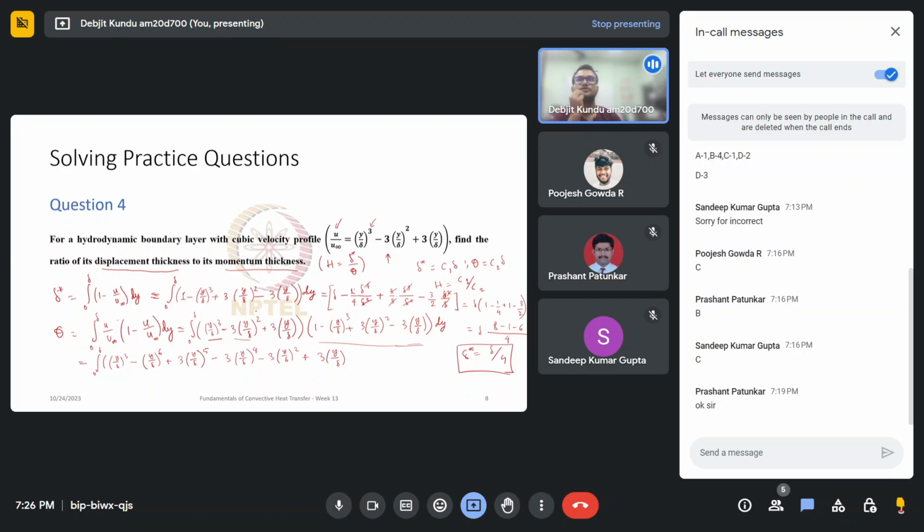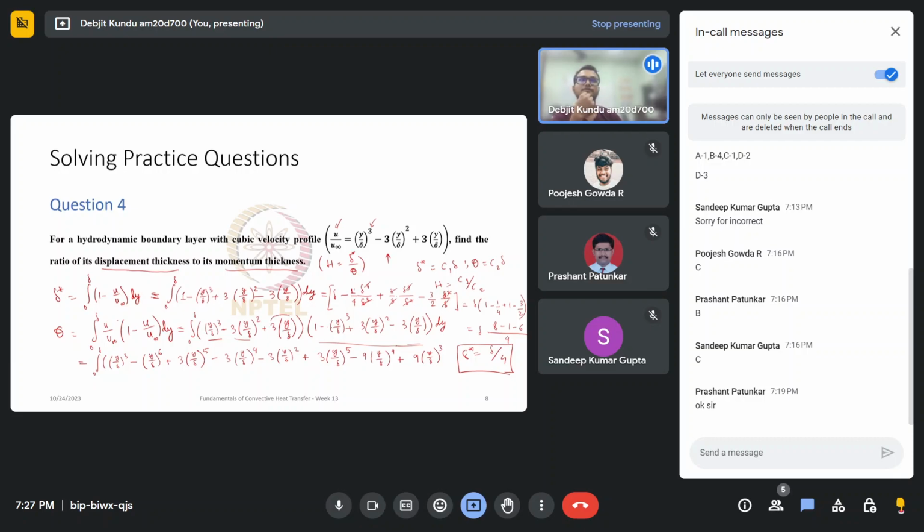There was a cube here and there's a square here, so to the power 5, and this will be minus now, and 3 into 3 gives me 9, y by delta squared, and squared becomes to the power 4, and this one becomes plus 9 y by delta to the power cube. Okay, so this is done.